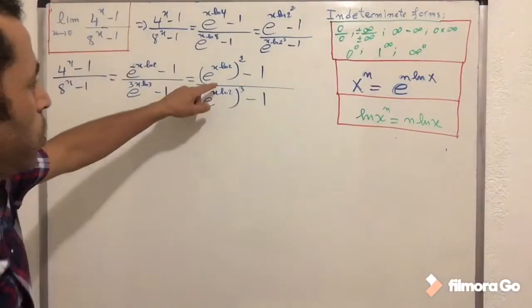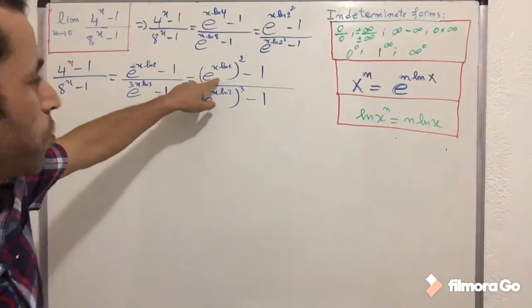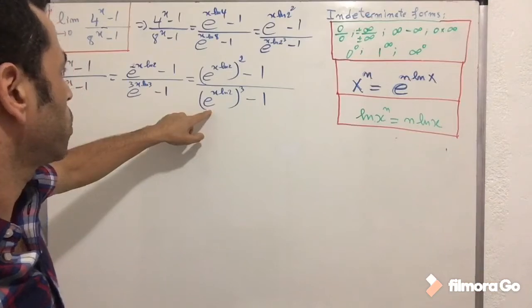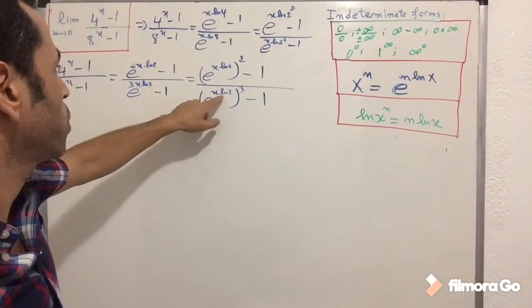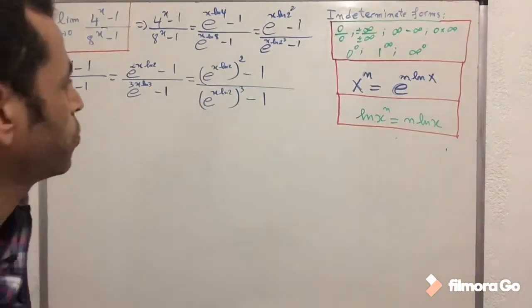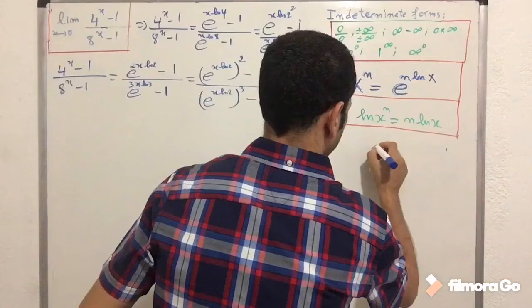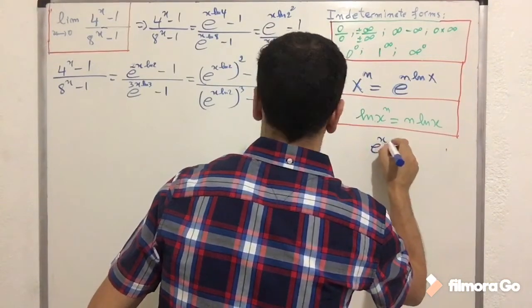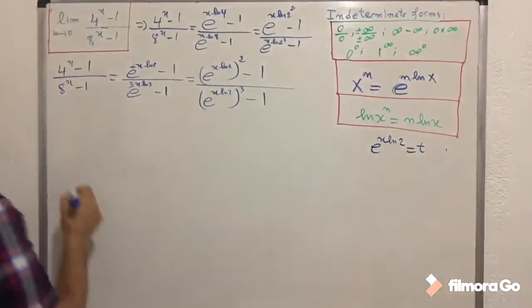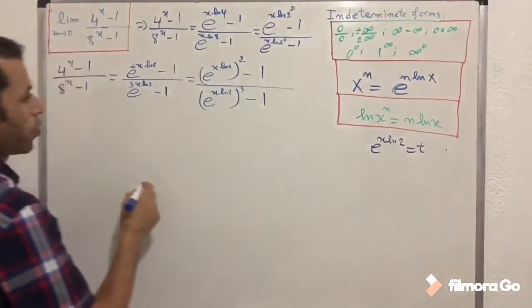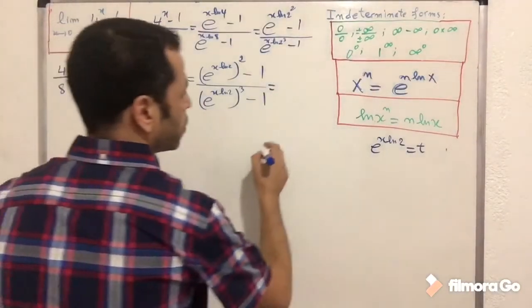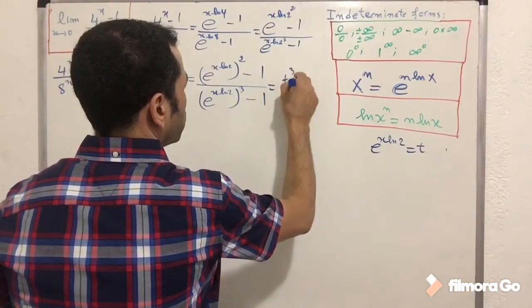Take a look here, you see exponential of x natural log 2 in the numerator, and in the denominator we see exponential of x natural log of 2. We can make the substitution: let exponential of x natural log 2 equal t. So our fraction becomes t to the power 2 minus 1 over t to the power 3 minus 1.